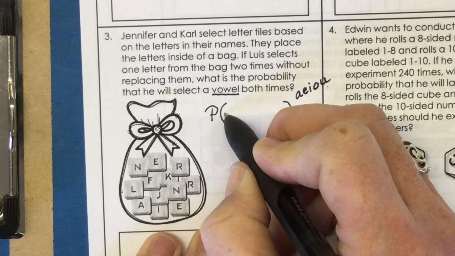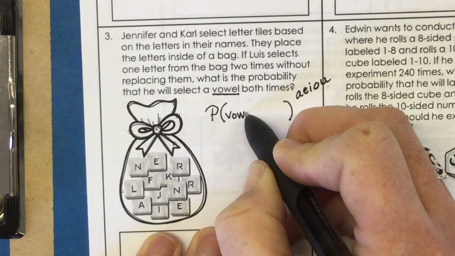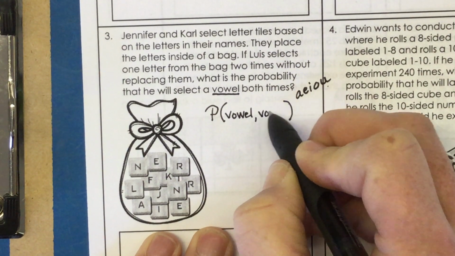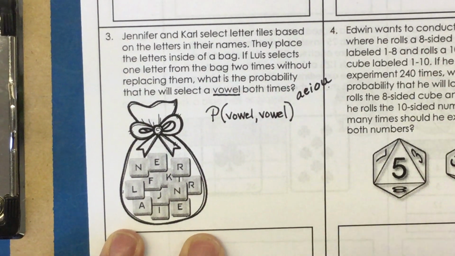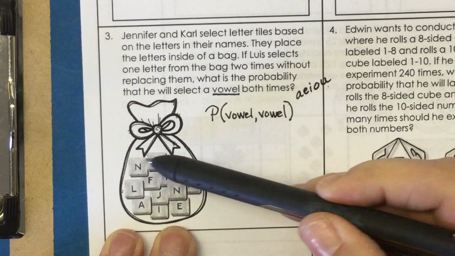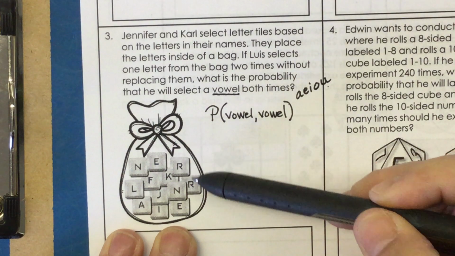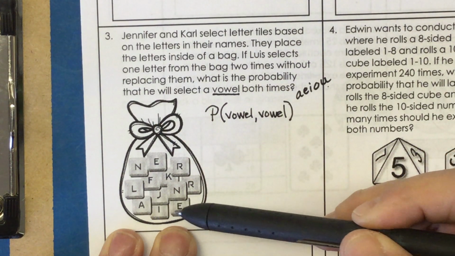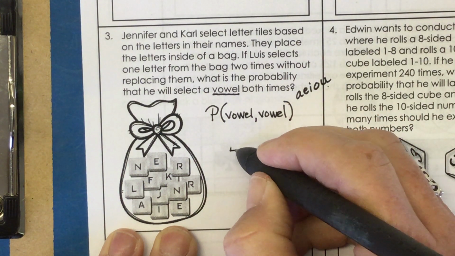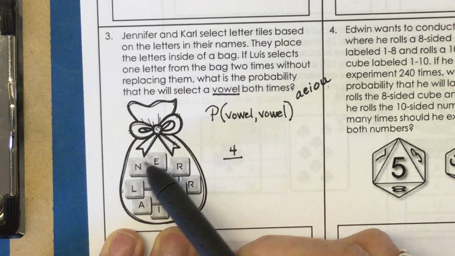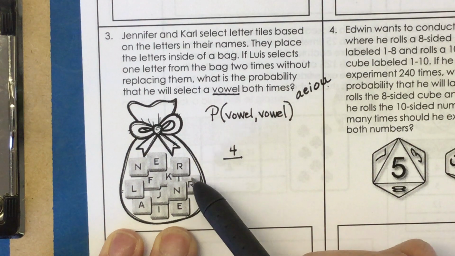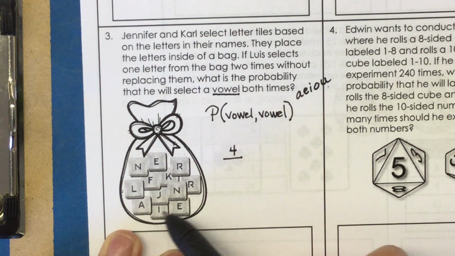So the probability of pulling a vowel and pulling a vowel again, okay? So what is the probability of pulling a vowel? 1, 2, 3, 4. And how many tiles do I have in here? 1, 2, 3, 4, 5, 6, 7, 8, 9, 10, 11, 12.